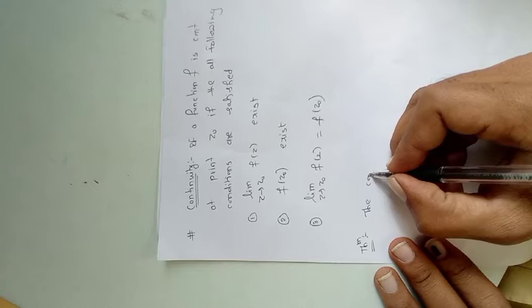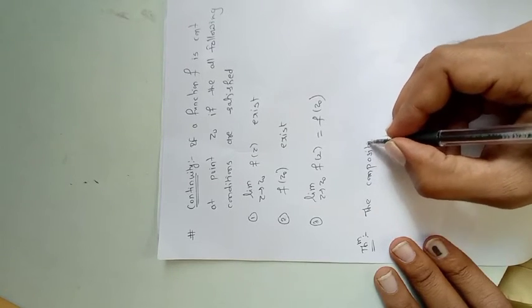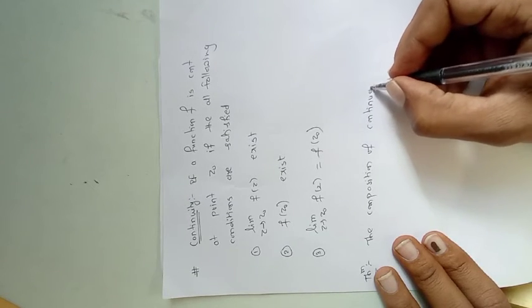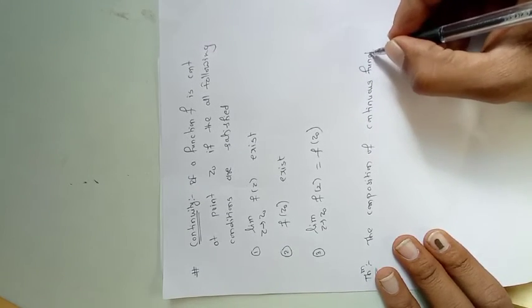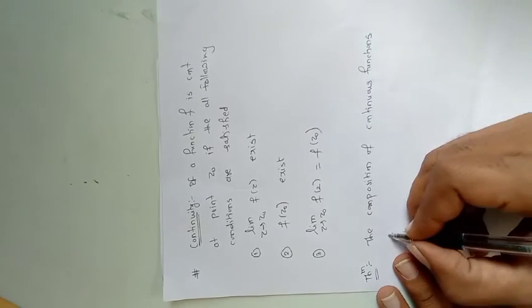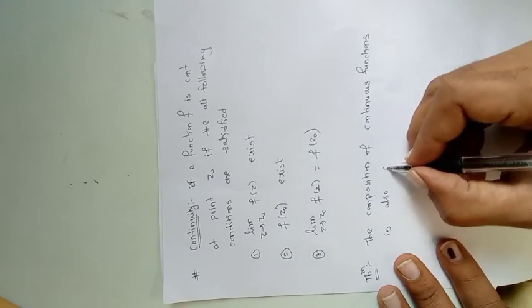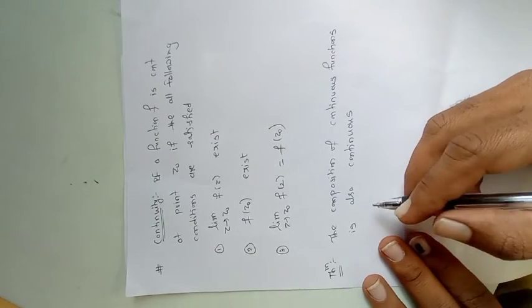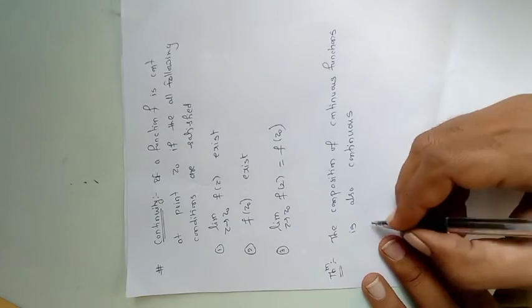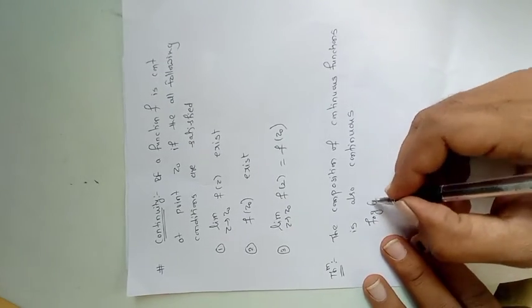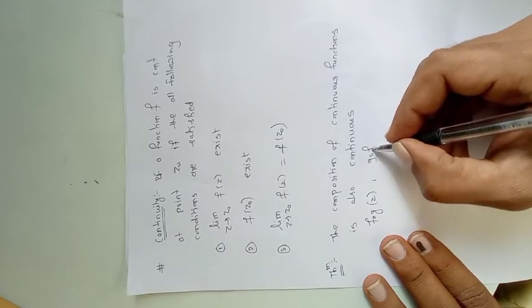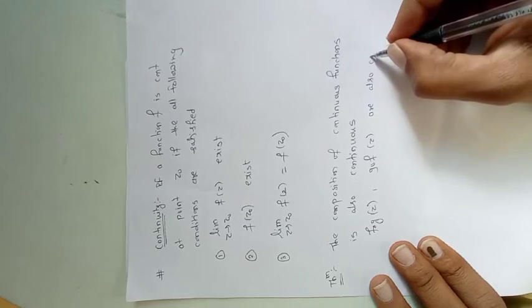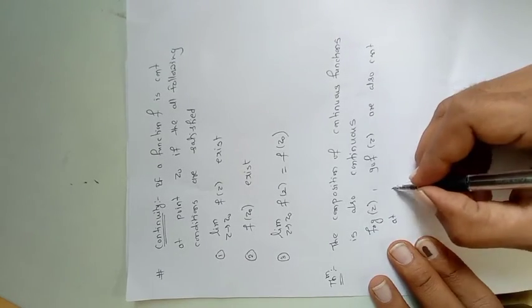It means if f and g are continuous functions at point z0, then f∘g(z) and g∘f(z) are also continuous at point z0.